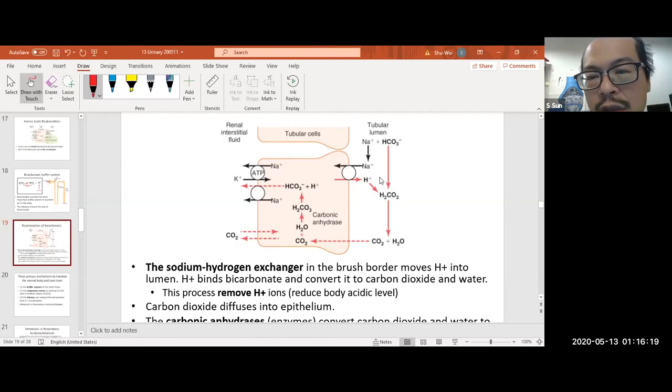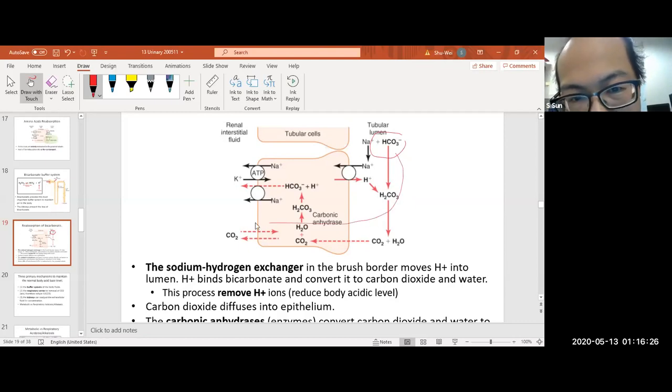When our body reabsorbs each bicarbonate from urine into our body, we secrete one hydrogen. Hydrogen is secreted, so hydrogen right here.